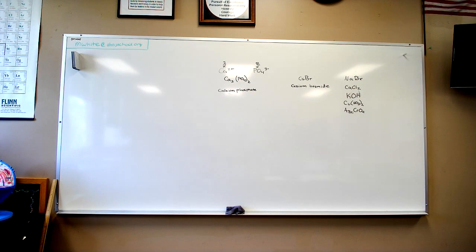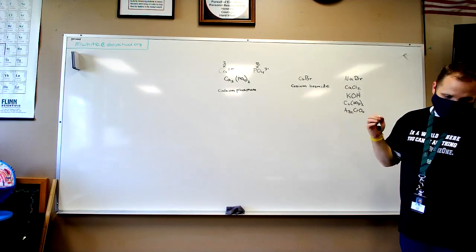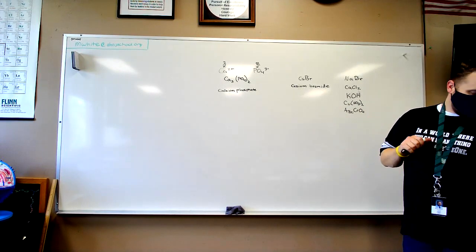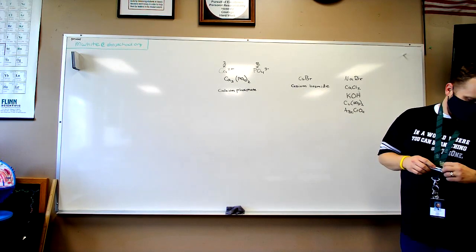So it takes a little bit of practice to get it down, but it sounds like you guys are starting to get it. Take the cation, which is either just the element, or we can have a polyatomic cation.